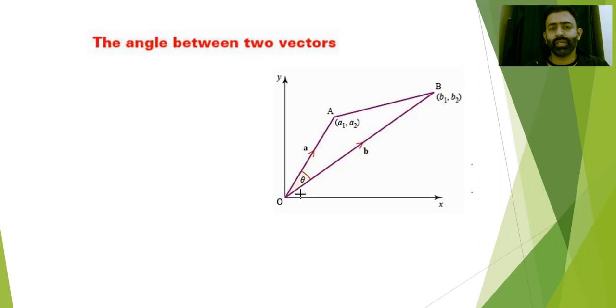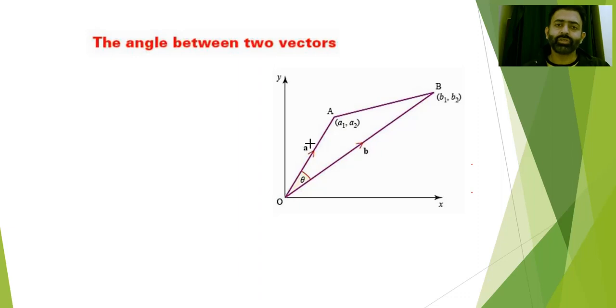Now, as you can see, if there are two given vectors, I can join the tip to the toe, or I can join the tips of both the vectors. So the resultant will be AB. By joining the third side, I will get the complete triangle, and we have to find this angle.